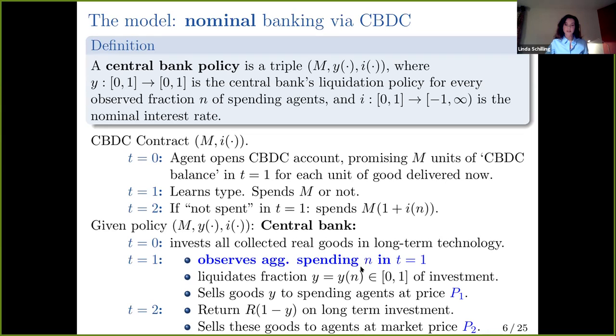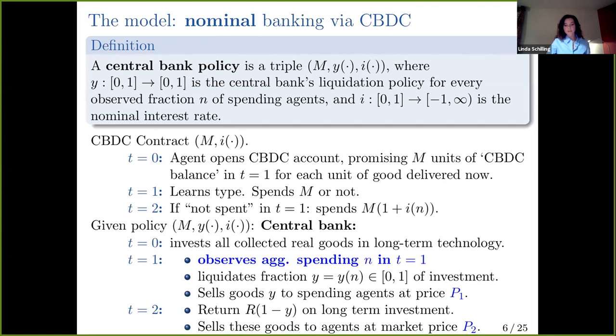So this here is an equilibrium object. The central bank observes the measure of agents that would like to go shopping, and only then she liquidates a certain fraction of the technology. The central bank then uses this fraction to sell these goods to the agents at a price P1 that clears the market.